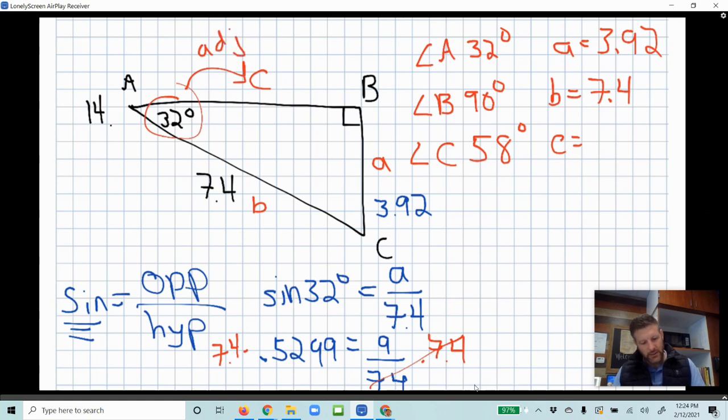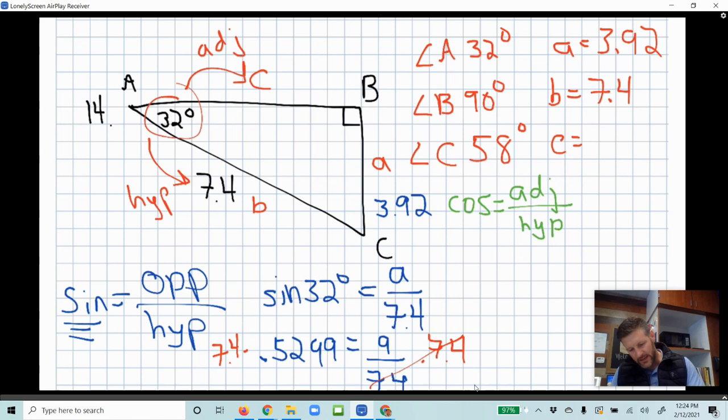And again, I still know my hypotenuse. So now I need the trig function that uses adjacent and hypotenuse. SOHCAHTOA. CAH is adjacent over hypotenuse. So that means I'm going to use cosine.